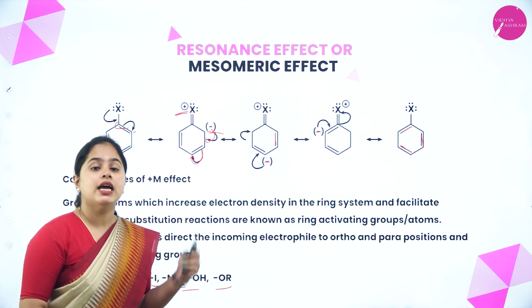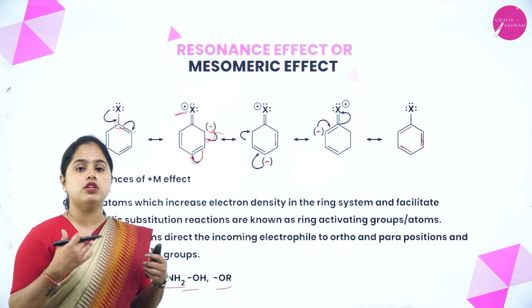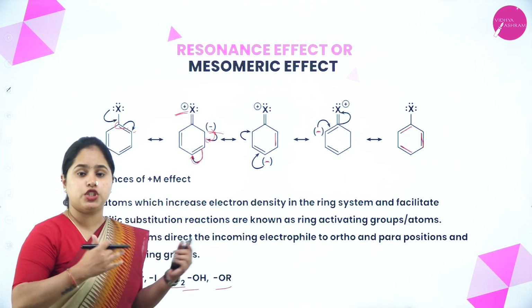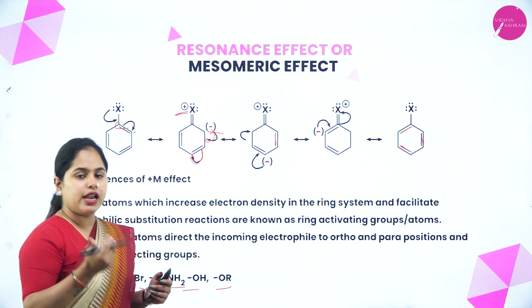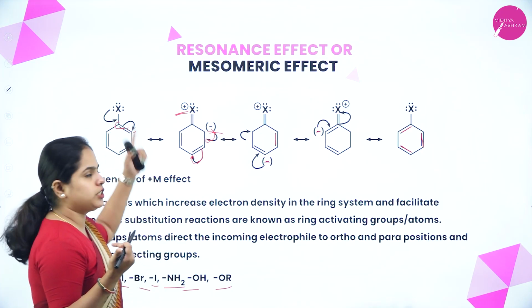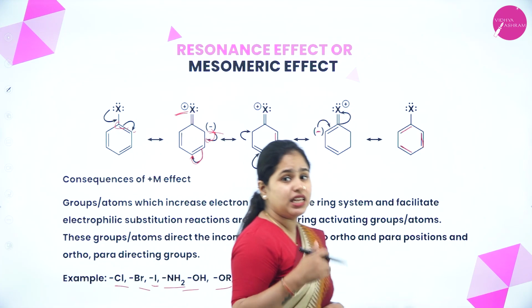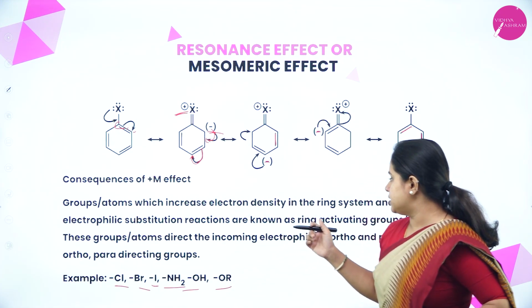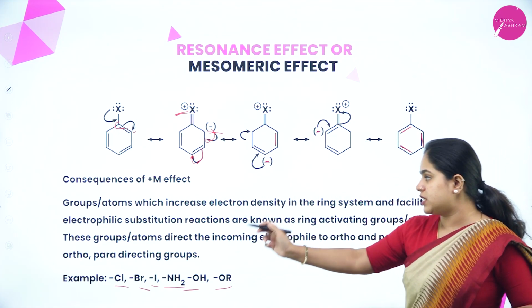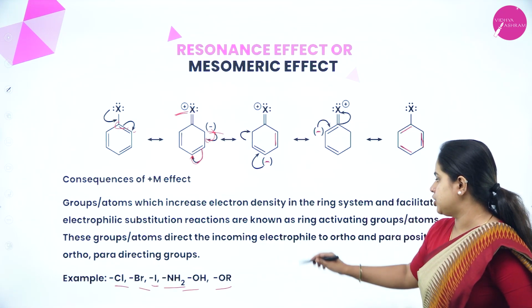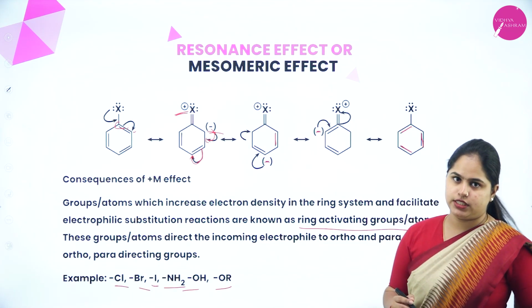So as I said, in plus R effect, the electrons will be given to, or shifted towards, the carbon atom, and it is away from the group which is attached to the conjugated system. Right, so the groups which increase the electron density in the ring system and facilitate electrophilic substitution reactions are known as ring activating groups.